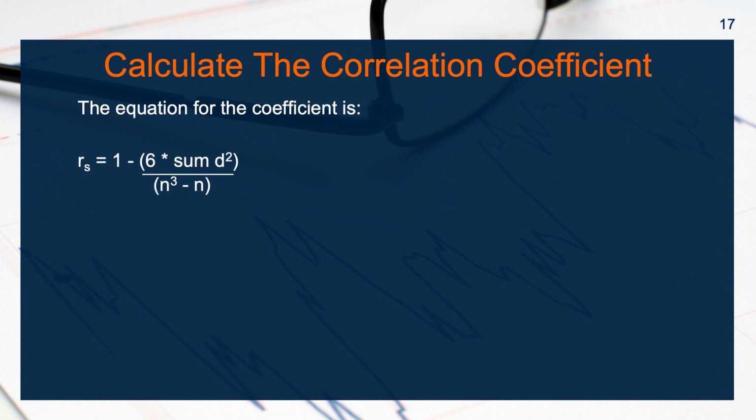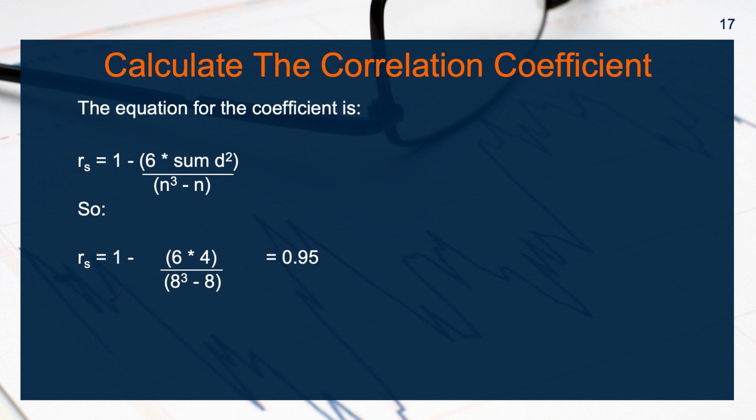R equals 1 minus 6 times the sum of d squared divided by n cubed minus n. So for the data that we've got, R is 1 minus 6 times 4 divided by 8 cubed minus 8. That gives us a correlation coefficient of 0.95.